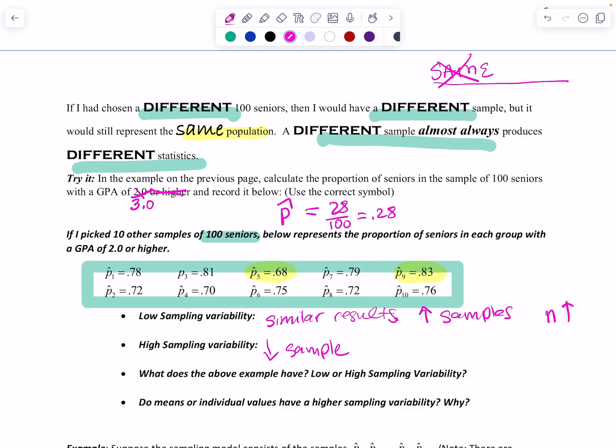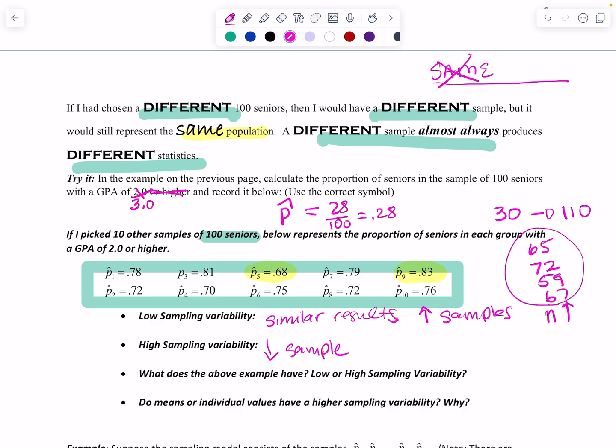For instance, let's look at your average on the test scores. If I want your raw data on the multiple choice, the low was a 30 and the high was a 110. That's a lot of sampling variability. But if I take the average score from each class, class 1 was like a 65, class 2 was a 72, another class was a 59, and another class was a 67.